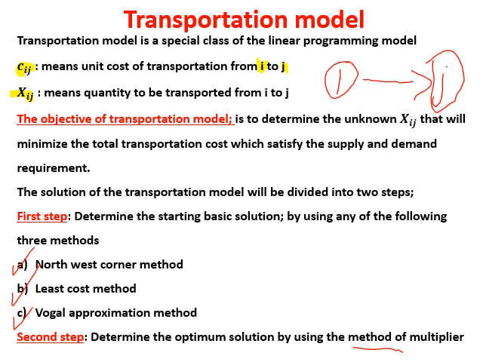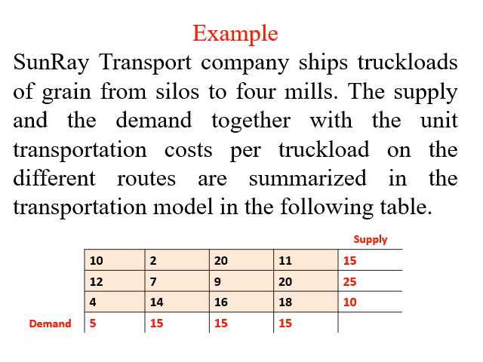Please concentrate on this topic, because today in this video we will cover the northwest corner method and the least cost method. We will introduce the three starting basic solutions for the transportation model by an example, to show the three methods and the difference between them.